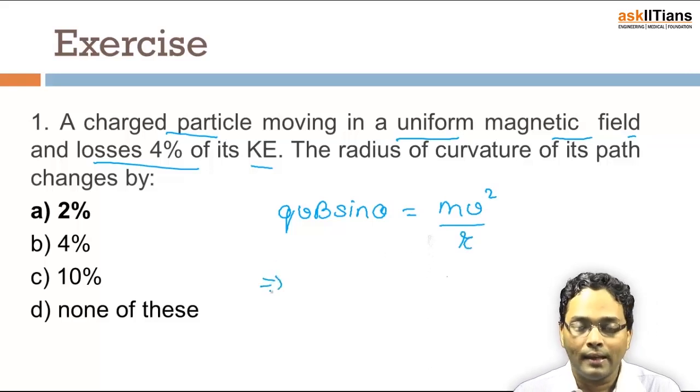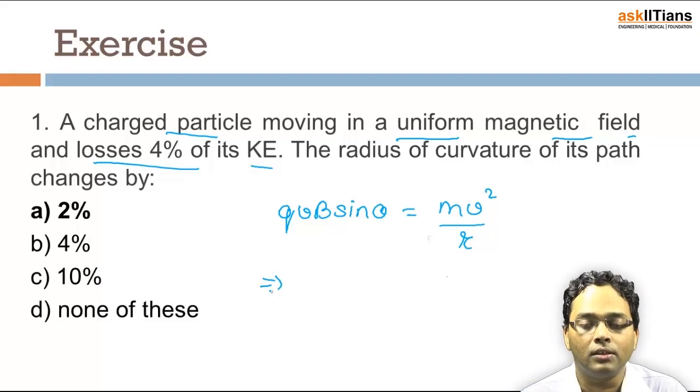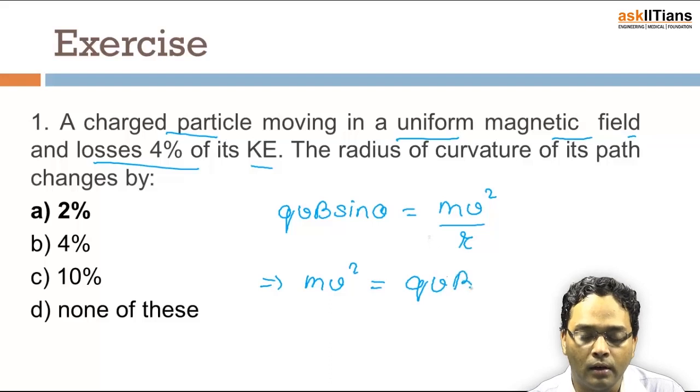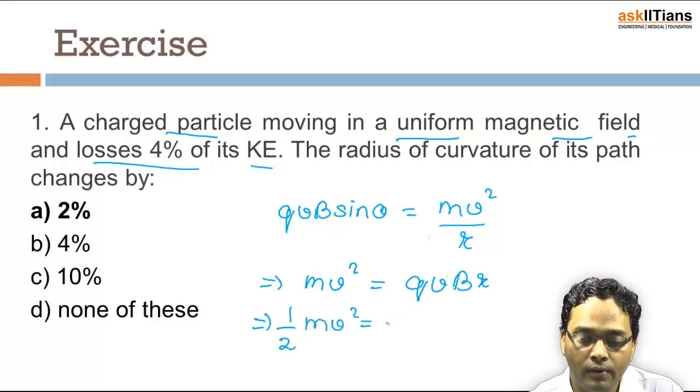Assuming that the velocity and the magnetic field are perpendicular to each other, we can safely say sine theta is equal to 1. Therefore, we can say mv square is nothing but qvB into r. Now, what is going to be its kinetic energy? We can simply say half mv square is equal to half of qvB into r.